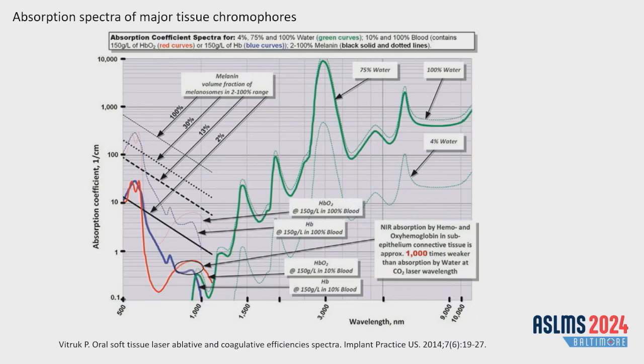They hit exactly the absorption peaks of water. Two other important chromophores are blood, and the spectra here, and melanin. That explains why all the systems for vascular and hair work have wavelengths in this range.